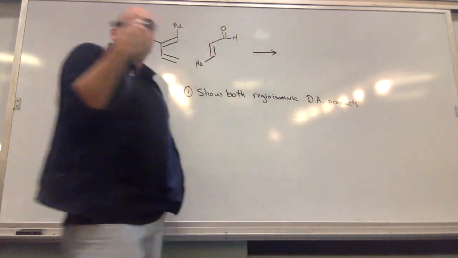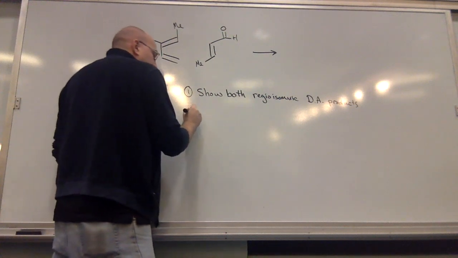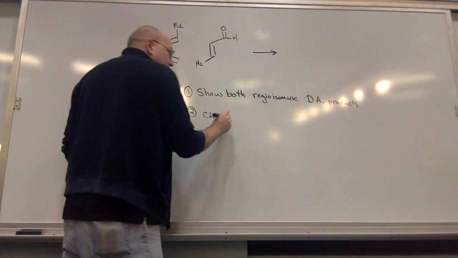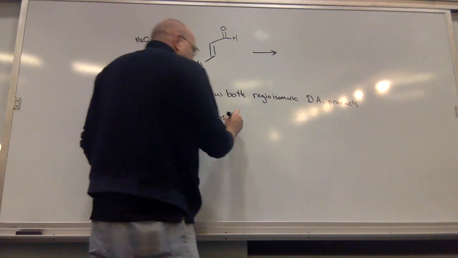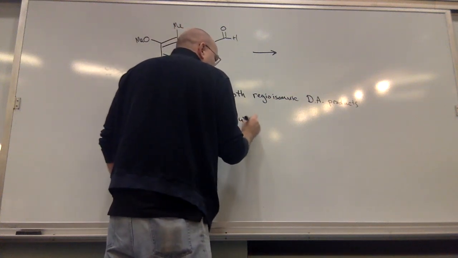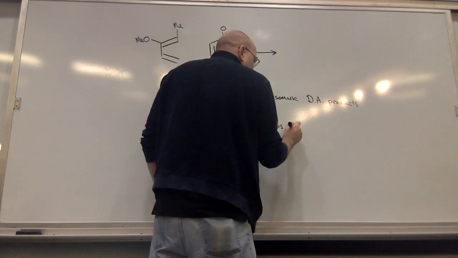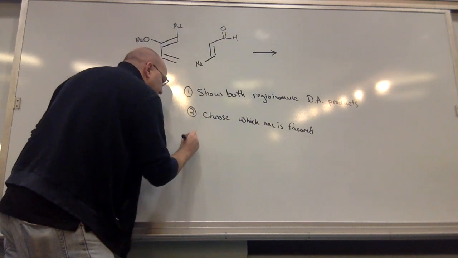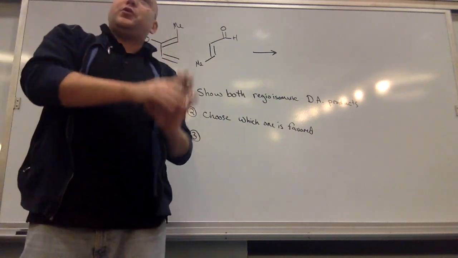Okay, so that's going to be step one. Once you draw both of those, the second one will be choose which of those two. Step three will be based upon the regioisomer that you choose.